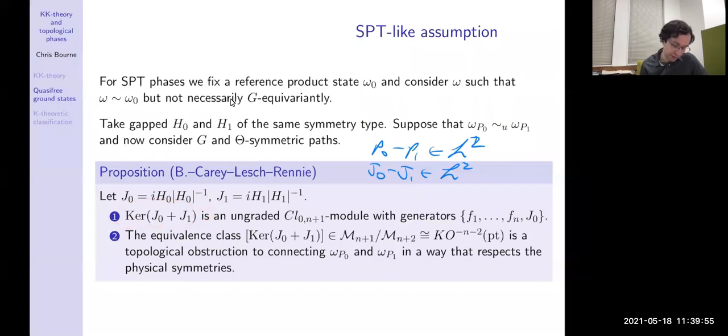I also get an extra representation of just one of the generators, either J0 or J1, but not both. So I get a so-called ungraded Clifford module with these generators. You can ask whether it extends to a Cliff n+2 module, and if it does, we say that it's trivial. That equivalence class, which is basically the K-theory of a point, is precisely the topological obstruction to connecting these two ground states in a symmetric way.